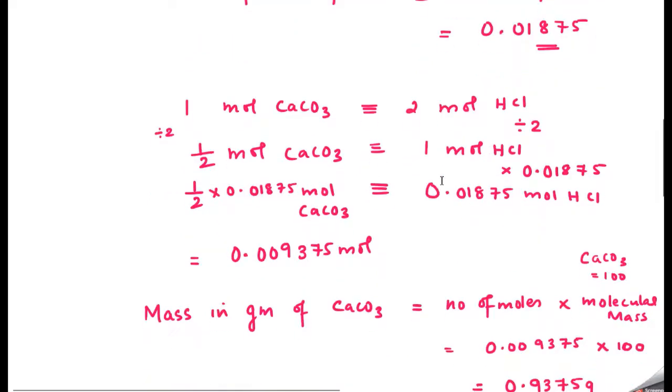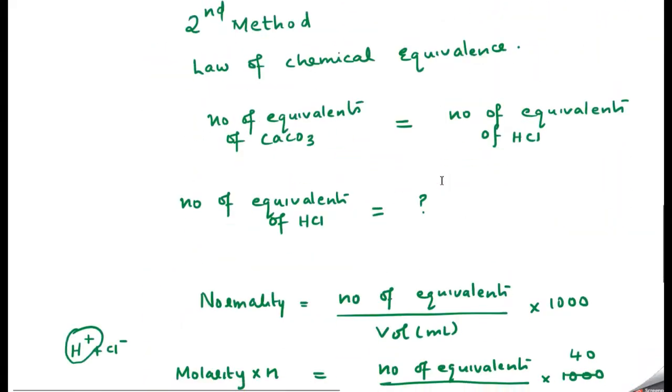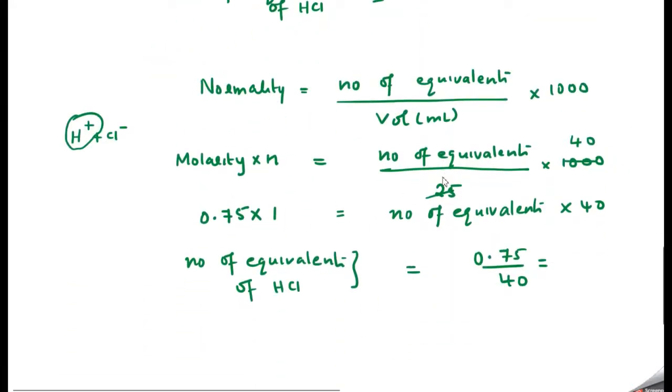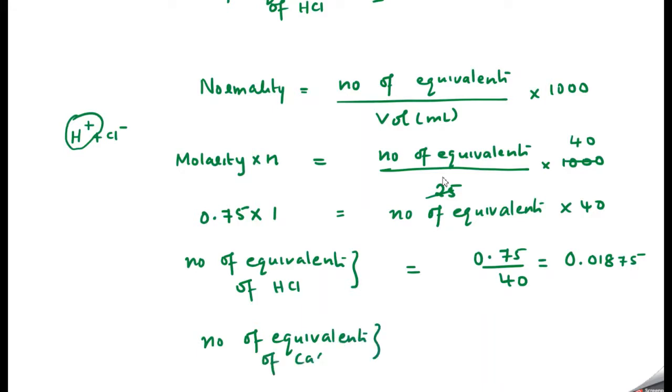That is 0.01875. I got the equivalents. Now tell me what will be the number of equivalents of calcium carbonate? It will be the same. So number of equivalents of calcium carbonate is equal to 0.01875. This is as per the law of chemical equivalence.